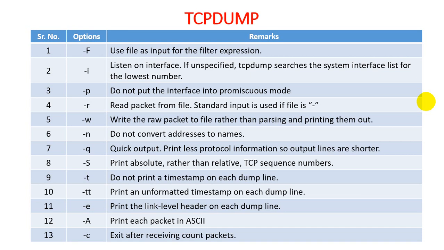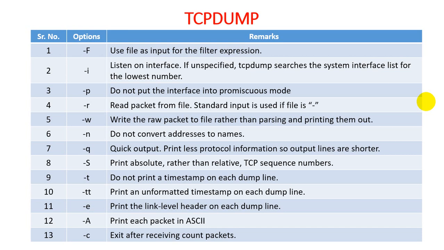Capital -S: print absolute rather than relative TCP sequence numbers. It means they provide complete information regarding the TCP sequence number. In my previous video lecture, if you have any doubt regarding the sequence number and what its requirement is, then you just watch my previous video.